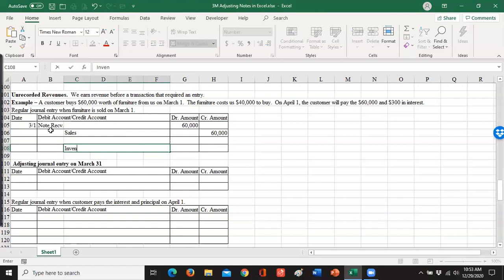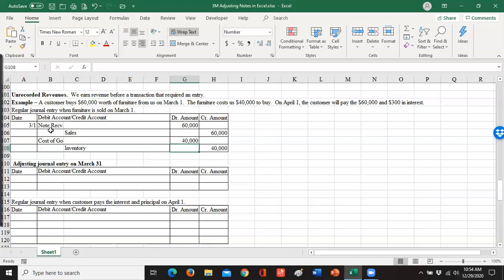So my inventory goes down for the cost. Don't ever make it the same amount, otherwise you're never making any money. And that's that special account that we have for the cost of goods sold. So I made $20,000 on that sale, and that sale gets recognized because of our revenue recognition principle in the year the person walks out with furniture. They did take the furniture. We don't care that they didn't give us cash. We want revenue in the period the sale is made.